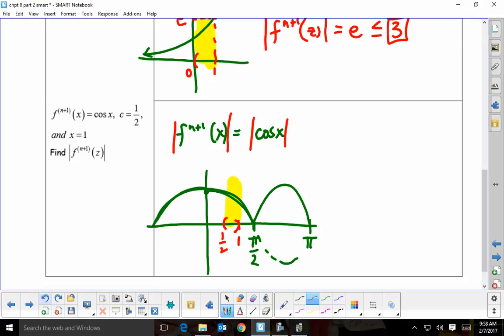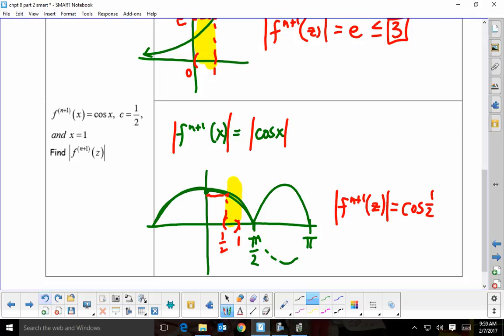Okay. So where would this max be at? 1/2. Okay, so the absolute value of f to the n plus 1 of z would be at cosine of 1/2. But again, do I know what that is?